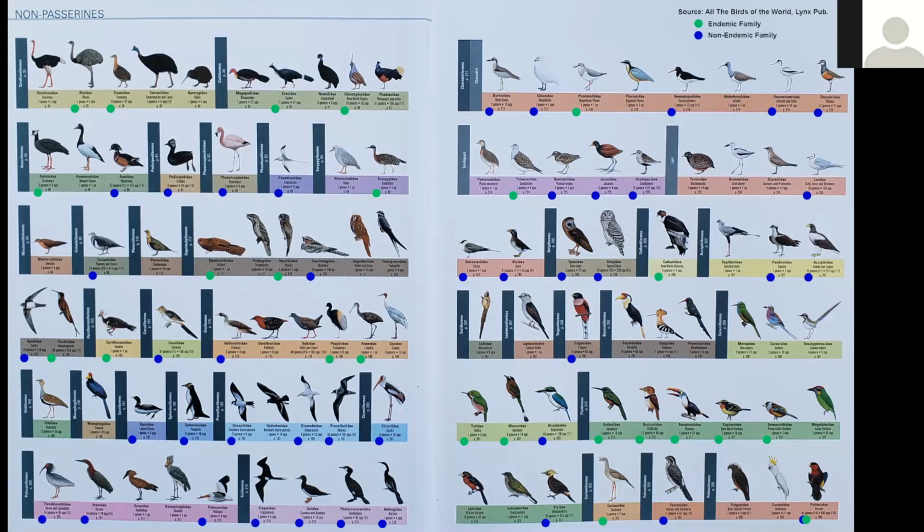So these are the non-passerines. The red dots, the green dots, I edited this picture and added these dots. The green dots are endemics to the neotropics, and the blues are non-endemics. So you can see that there are certain groups, like up in the pheasant-like birds, which are endemic here to the neotropics. Then you go down here towards the woodpecker-like birds, the piciforms.